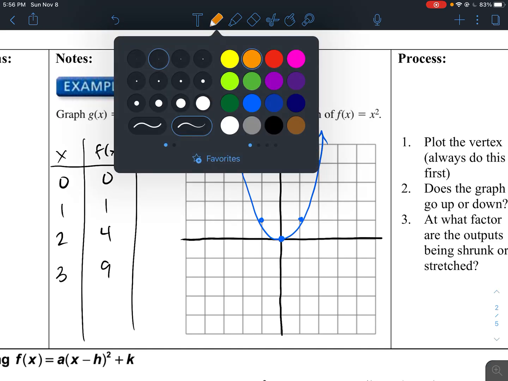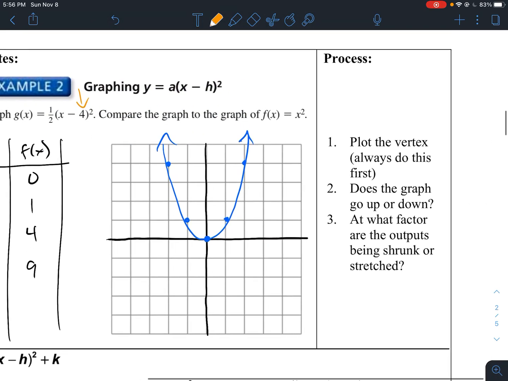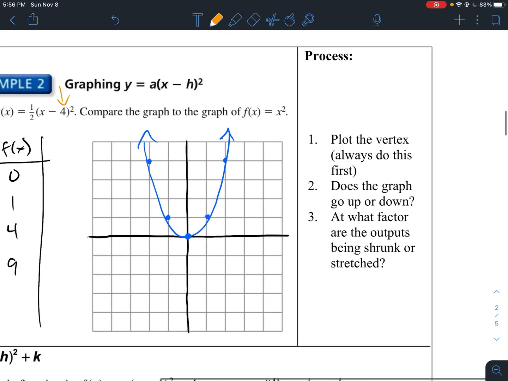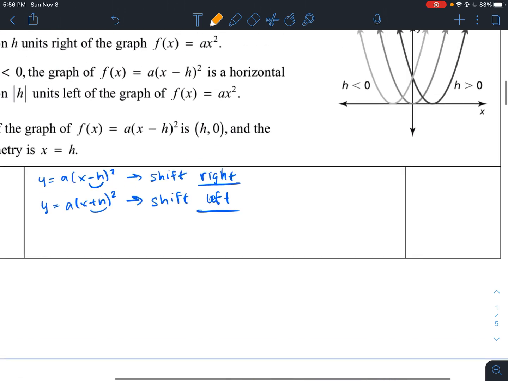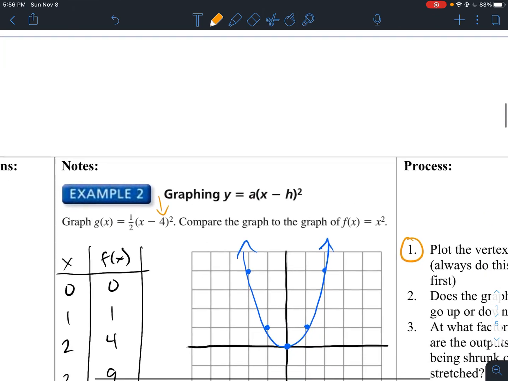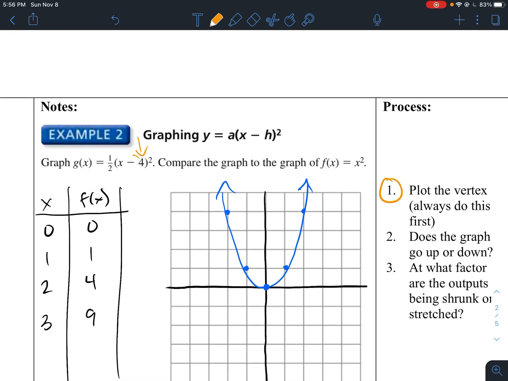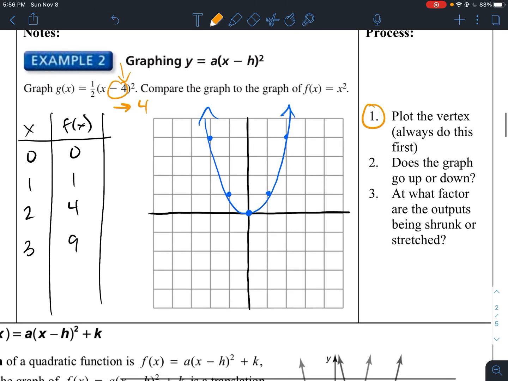So, first thing that you want to do when graphing functions with a horizontal shift is to plot the vertex. Okay. So again, we talked about up here, if it's a minus h, you move to the right. So in this case, we have a minus 4. So we're going to move to the right 4 units. So we take the parent function right here, and we're going to shift it 1, 2, 3, 4.